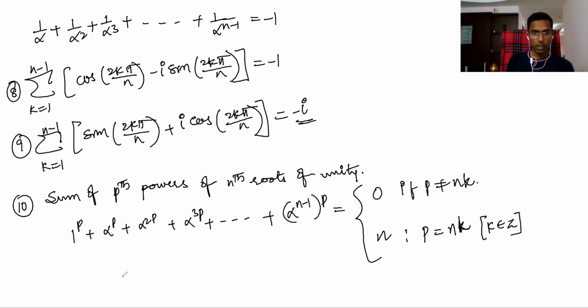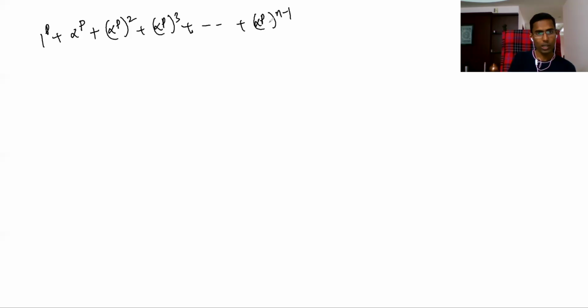Why? Because if you write this, now you are going to get 1 power p plus alpha power p plus alpha square power p, that I can write as alpha power p whole square, plus alpha power p whole cube, plus so on up to alpha power p whole power n minus 1. This is again a GP with common ratio alpha power p.